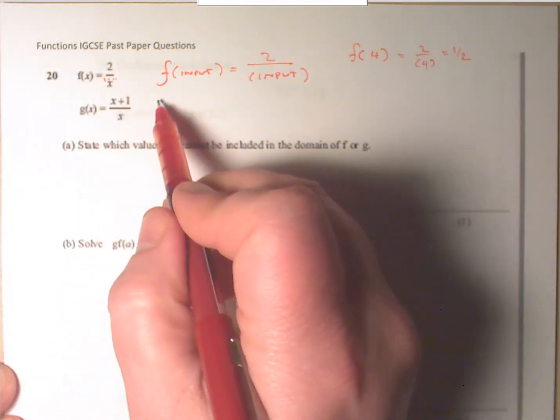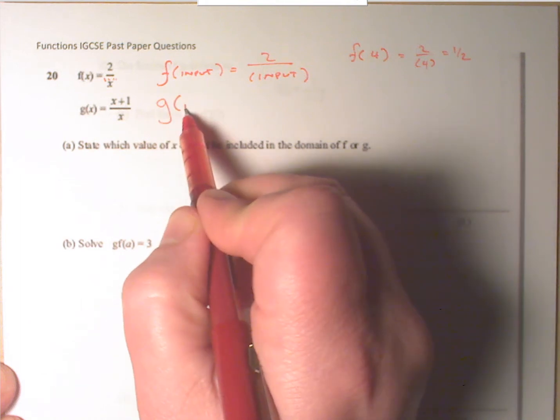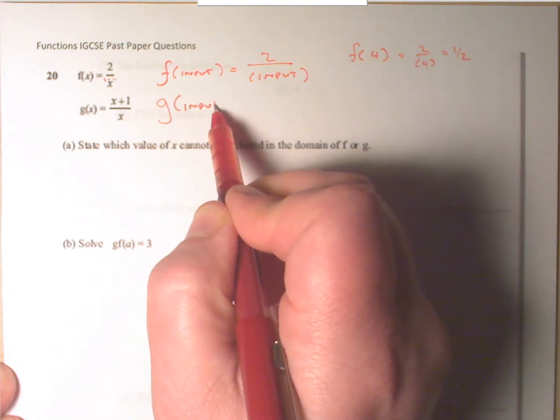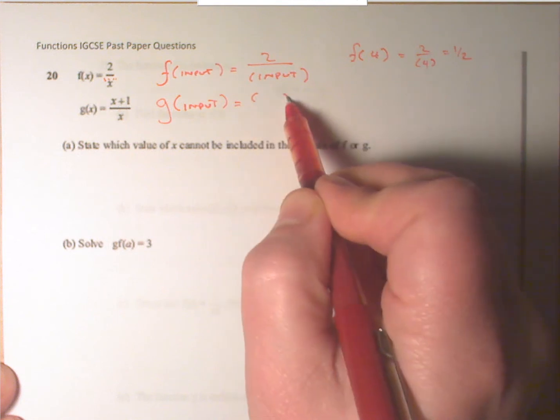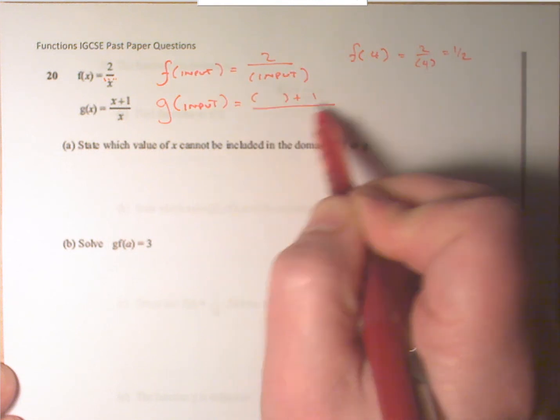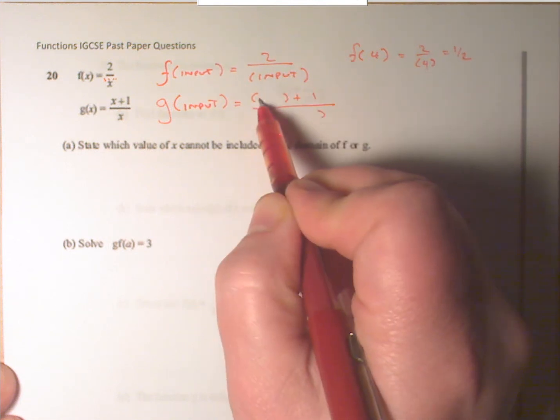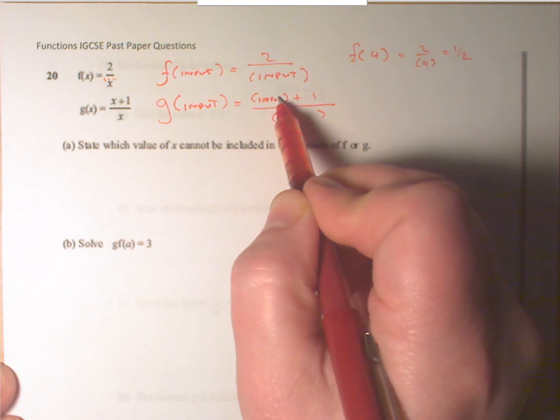Here, what this is saying is that the input goes inside the brackets, but also on the right hand side of the equation, wherever the x was, we put some open brackets, and we're going to put the input here as well.